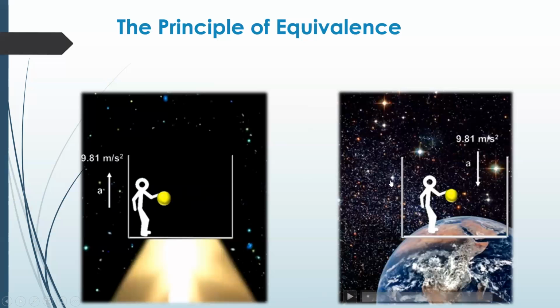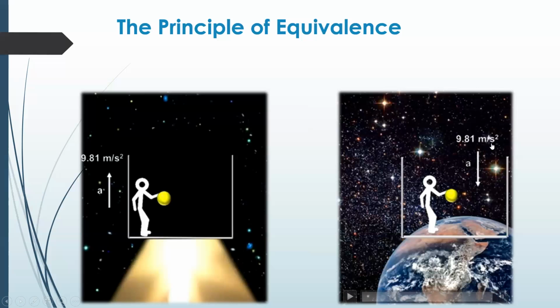Okay, and here in the second picture, the man is standing on the surface of the earth, and on the surface of the earth, we know that the acceleration is the acceleration due to gravity. It is acting downward here.